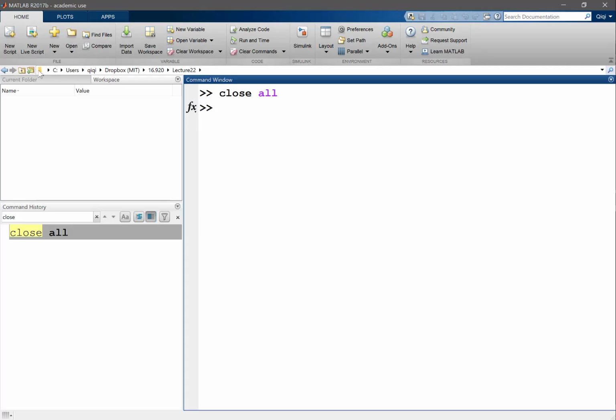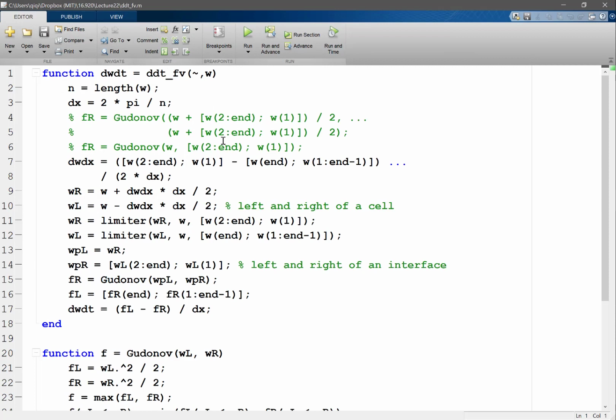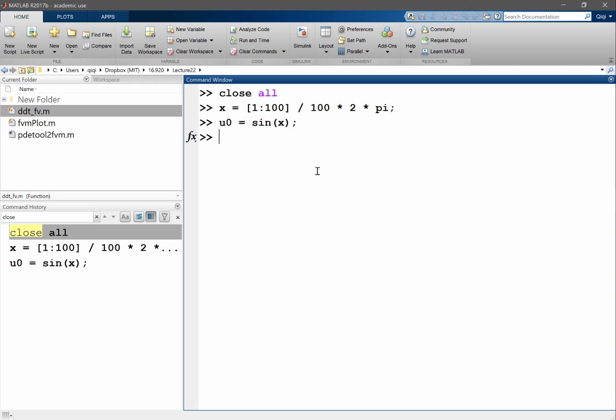Okay, so this is the DDT finite volume. This is the same code we left at the end of the last lecture, and the phenomenon we try to create is if we have X being a periodic domain, let's say from 0 to 2 pi, and the initial condition is a sinusoidal wave.